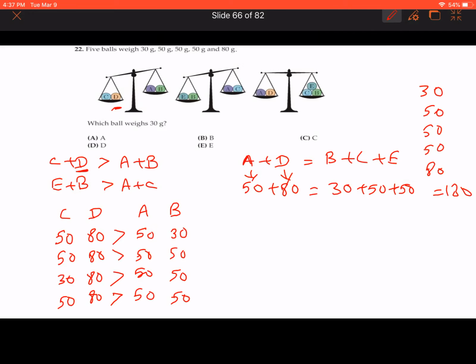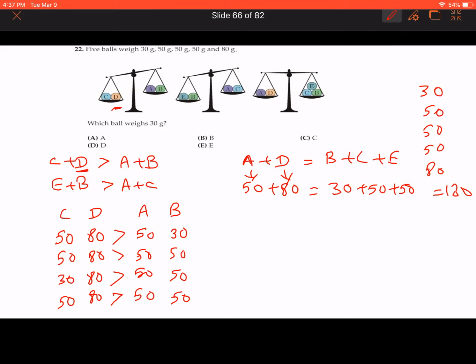Right? Yes, so all these values are satisfying the condition of the first equation.